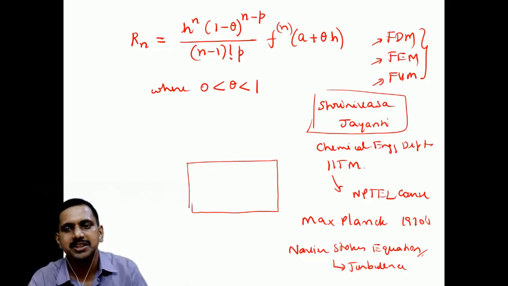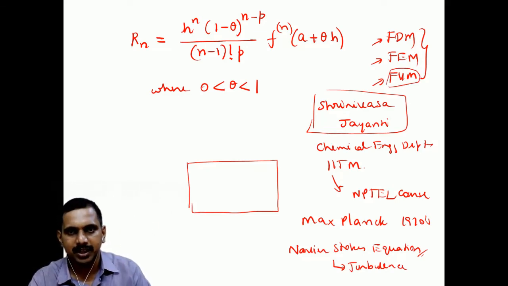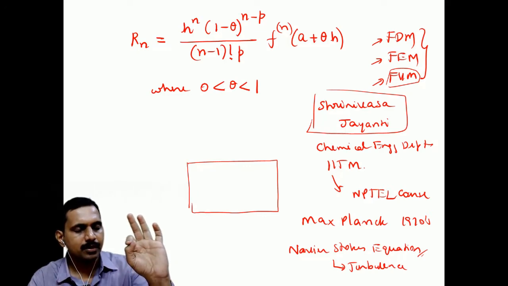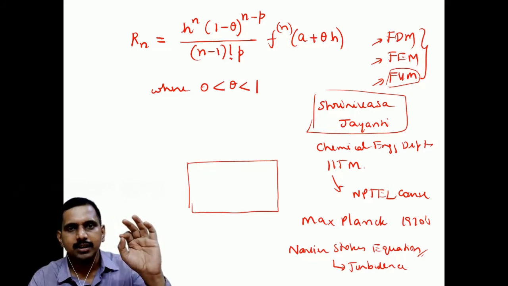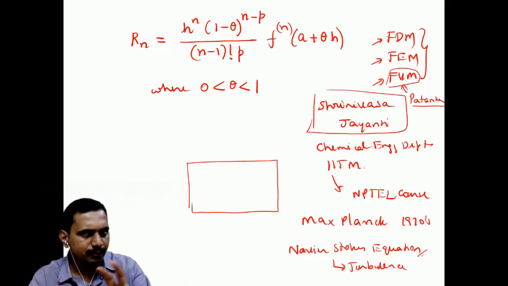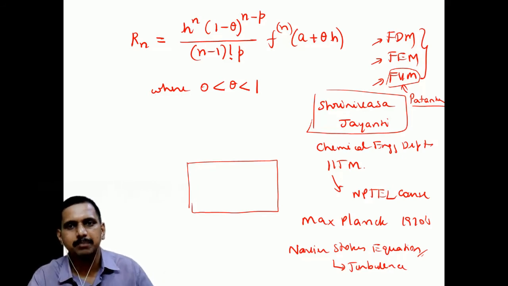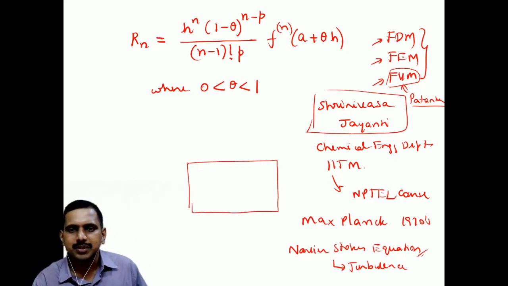FVM, finite volume methods, is specifically used in heat transfer and fluid mechanics. One of the pioneers of this is Professor Patankar, an Indian scientist. He is a very important person who developed this. Just to tell you all the things which are important. Fine, students, is that clear?